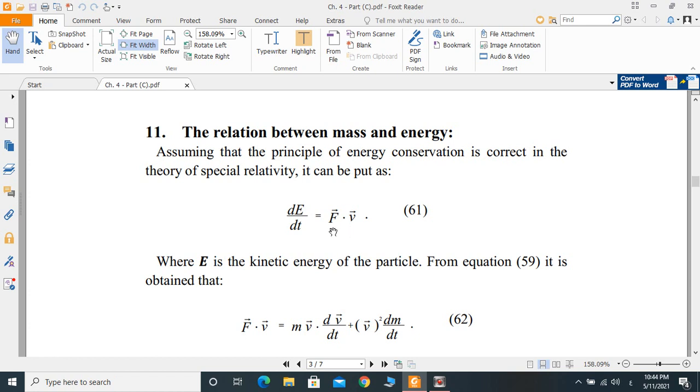Multiplying by V, F dot V equals mv dot dv by dt plus V square dm by dt.